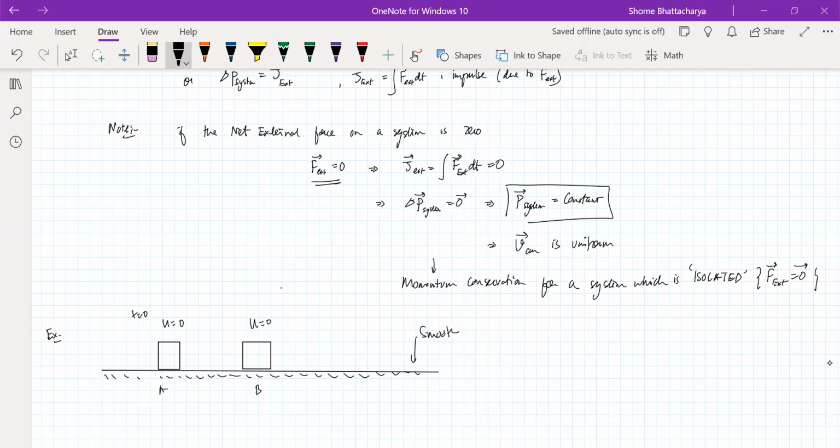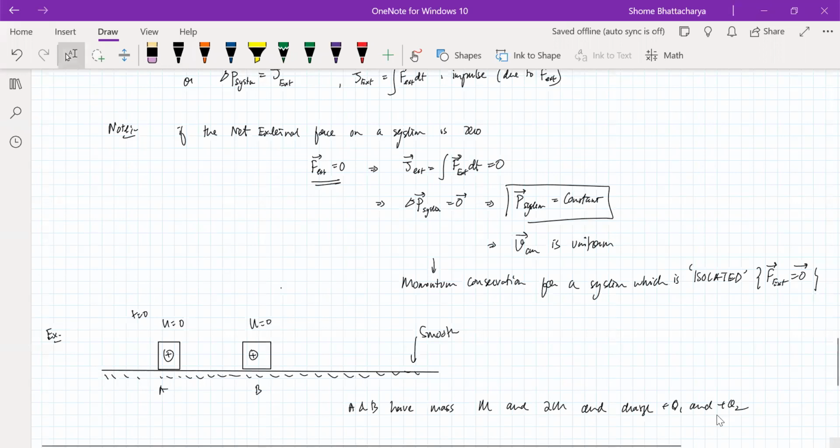They have some charge. A and B have mass m and 2m and charge plus q1 and plus q2.